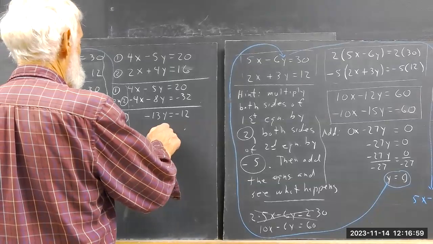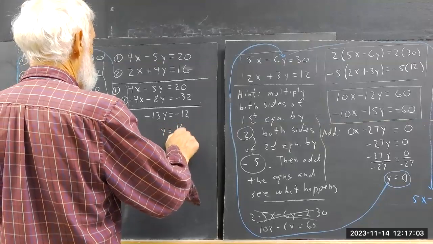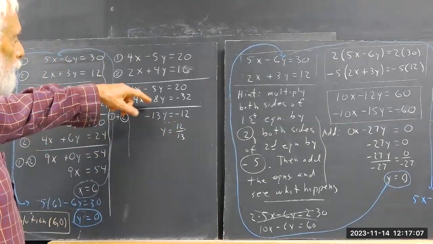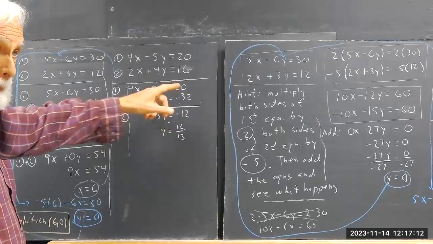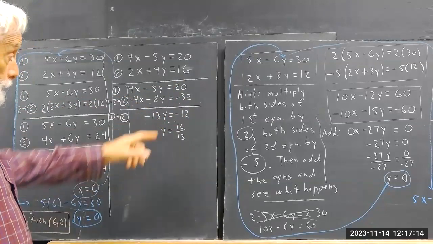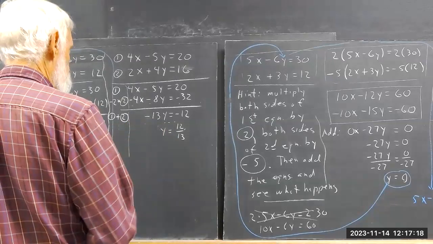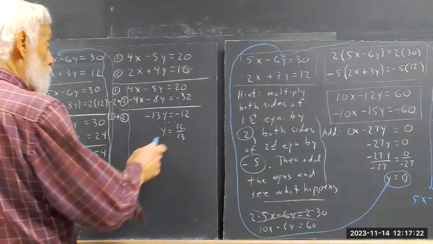Which gives us y equals 12/13. You should do the division: -13y over -13 equals -12 over -13, to keep reinforcing that. So I'm not including it here, but we've got that. So now we can take y equals 12/13.